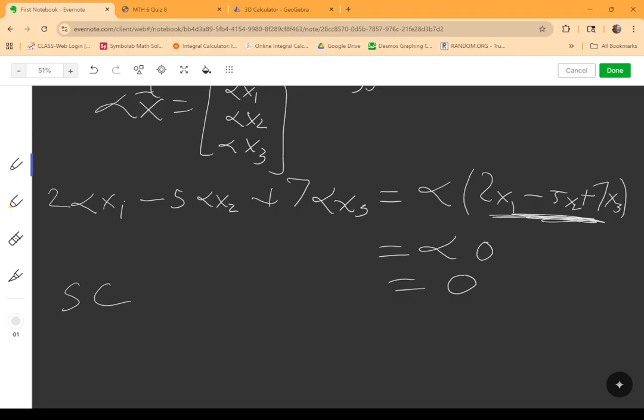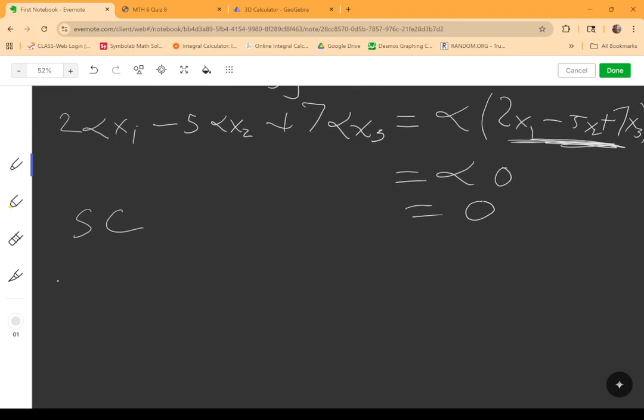Okay, and I'm going to jump to the Z property. Does it contain the 0 vector?